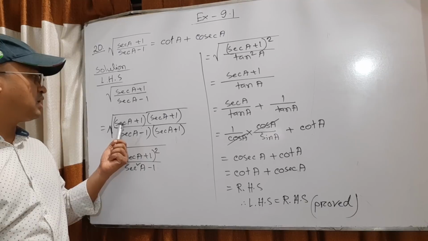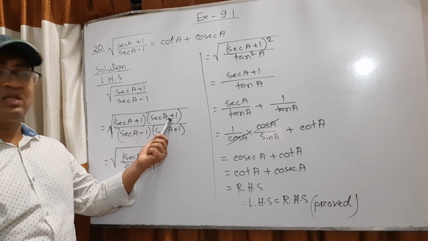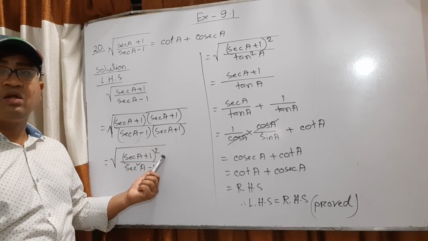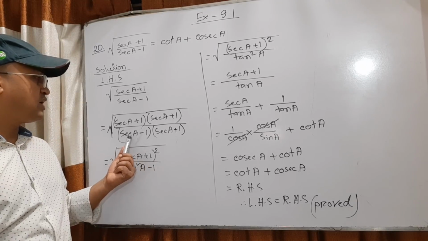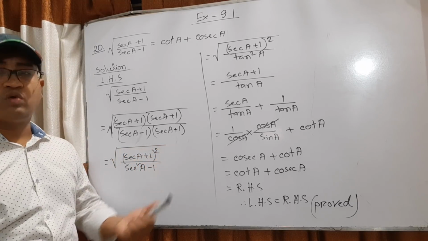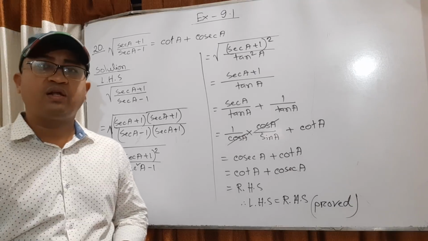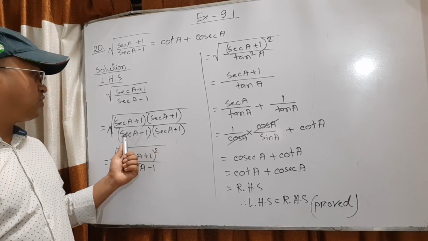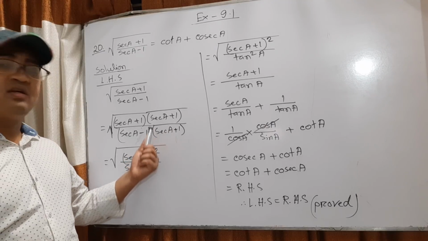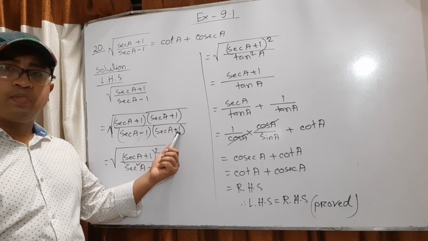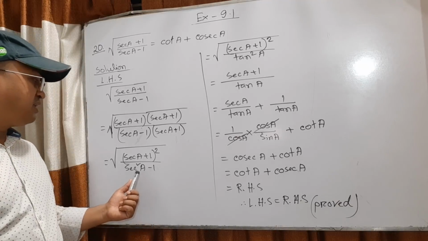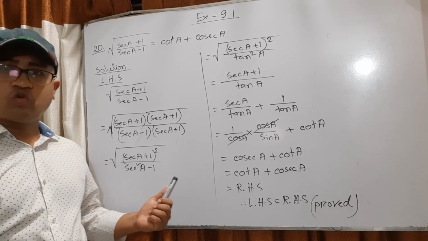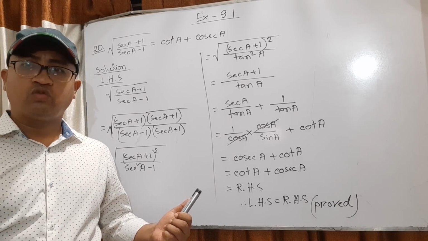So it becomes sec a plus 1 whole square, and sec a minus 1 into sec a plus 1 becomes a formula, a plus b into a minus b. A means sec a, b means 1. So it will be a square, that is sec square a, and b square, that is 1 square, equal to 1.